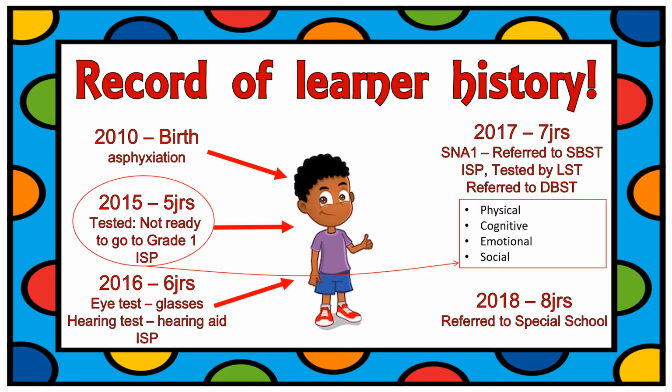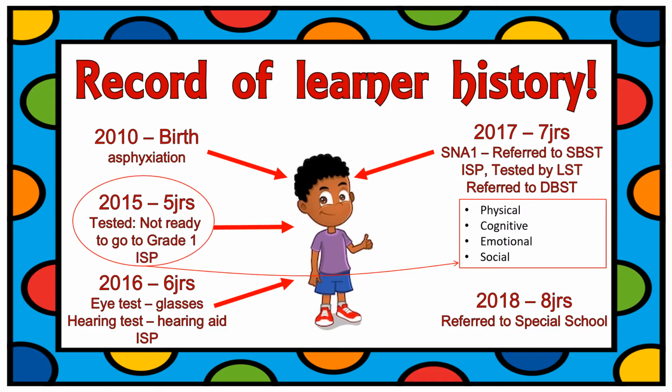When the learner was 6 years old, his eyes were tested and his hearing was tested, and it was found that he needed glasses and a hearing aid. Once again, the ISP should be adjusted to accommodate these physical challenges, which could lead to barriers to learning.